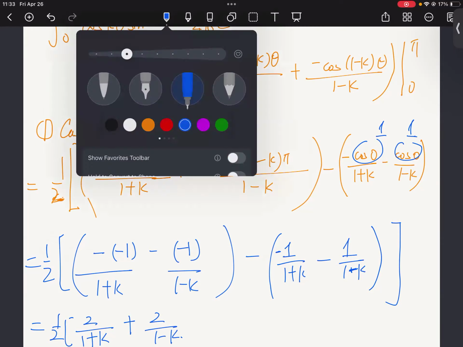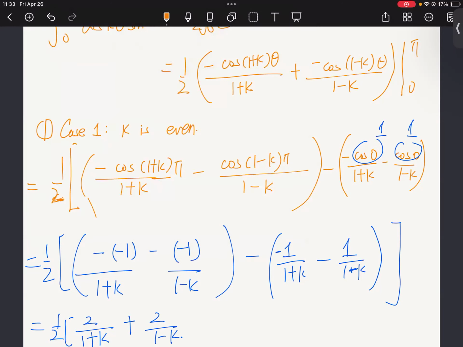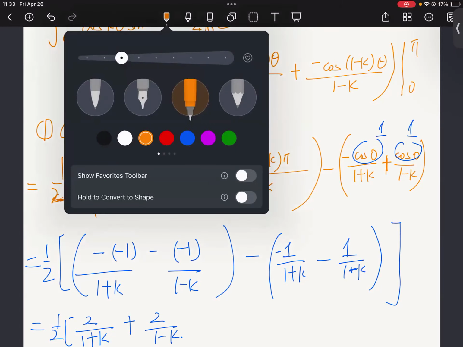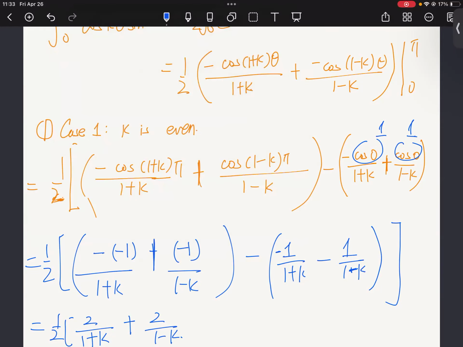This should be the addition sign, and this should be the subtraction.